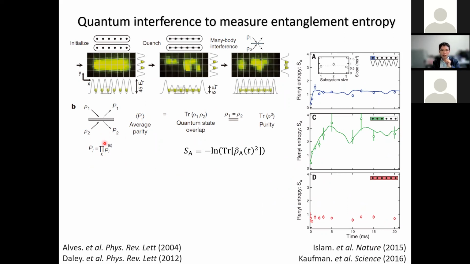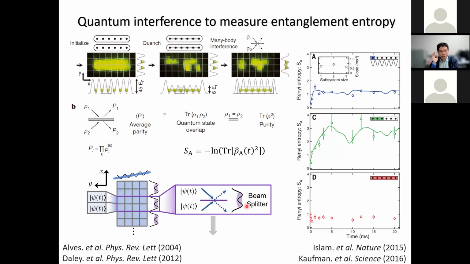And this is done in the Greiner group, and they have single-site resolution, so they can count the parity of each site, and they take the product of it, so you can actually measure arbitrary purity or the second-order Renyi entropy in arbitrary subsystems. And if you go to the full system, you will just see that it's effectively 0.